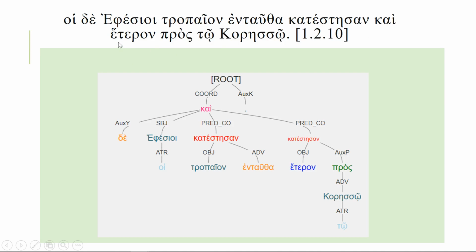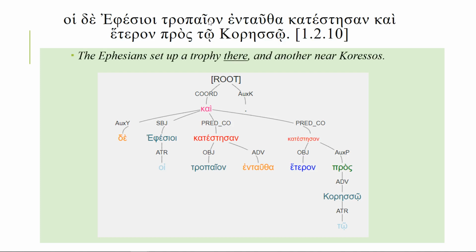And they set up another. So clearly it's another neuter tropaion. The tropaion here is a neuter, and so heteron is saying another trophy. So we're just eliding the word tropaion in the second half of the sentence, just like we're eliding the verb in the second half of the sentence. So the Ephesians set up a trophy there and another one near choresis.